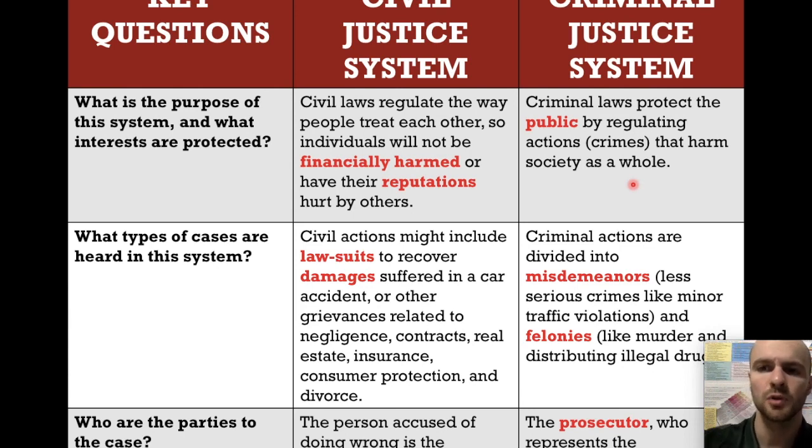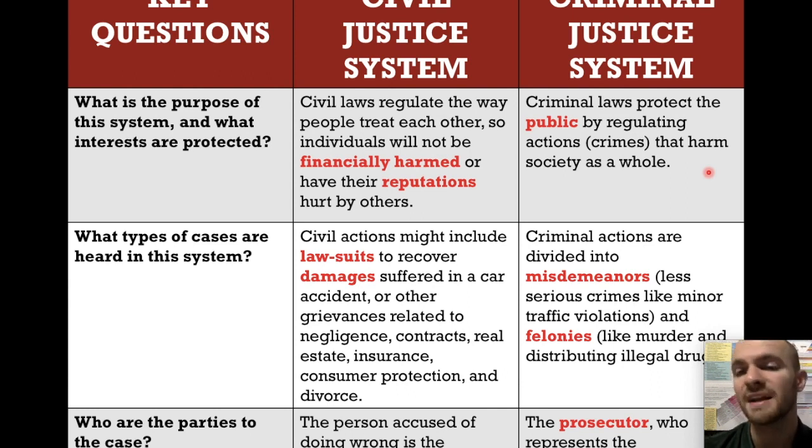So criminal laws protect the public by regulating actions, crimes that harm society as a whole. So criminal laws are established in theory to protect the entire public. So whenever you have a criminal case against a defendant, that case is always brought by the government.